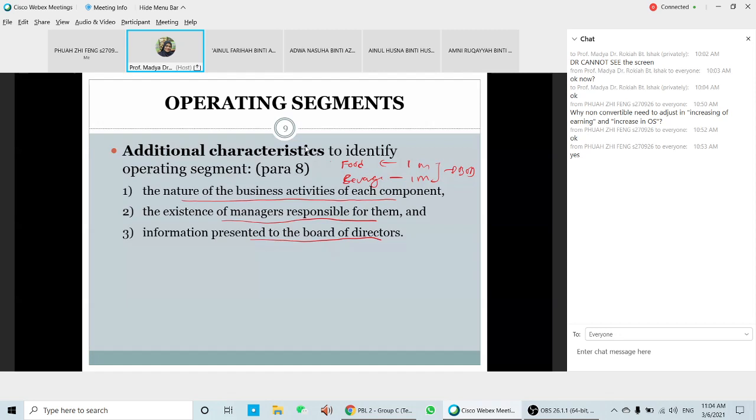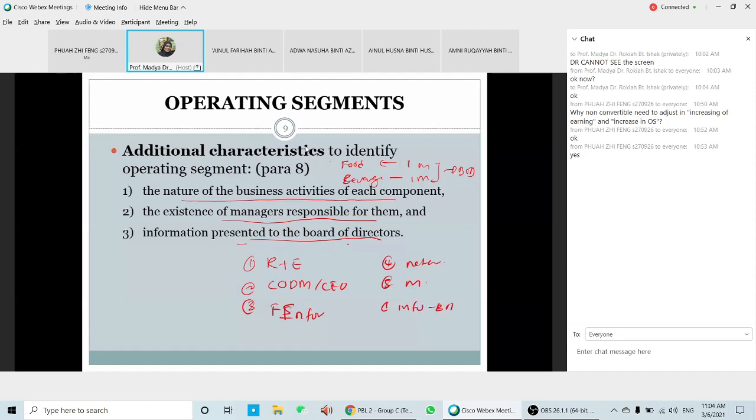The first criterion is that they have their own revenue and expenses. Then they have a chief operating decision maker or CEO, and a separate financial statement or financial information. The last criterion is the nature of the business: you have the nature of the business, then a manager, and the information is presented to the board of directors.